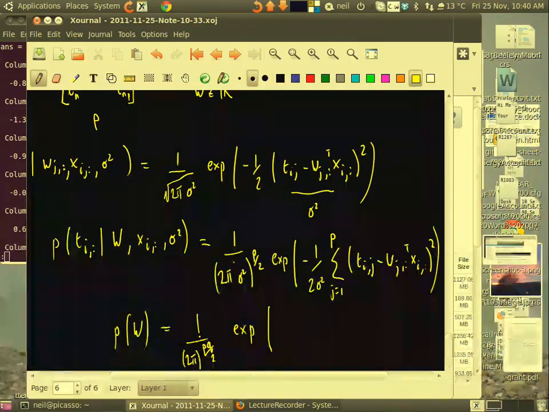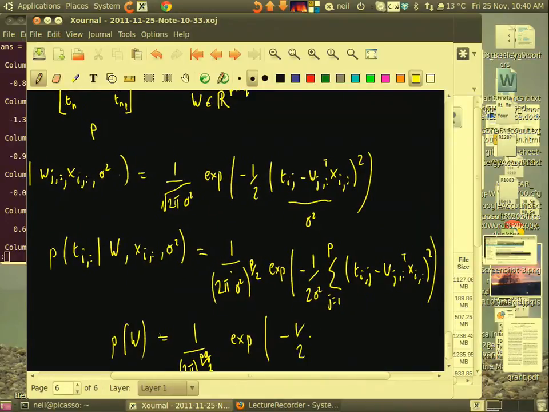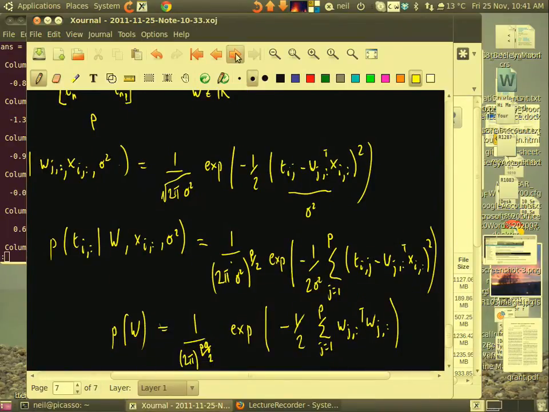So you get a PQ appearing there because there's PQ elements in W. Minus a half of sum of, what we're going to do is make sure we've got this same sum over J. Okay, so I should probably have done that little bit in stages.